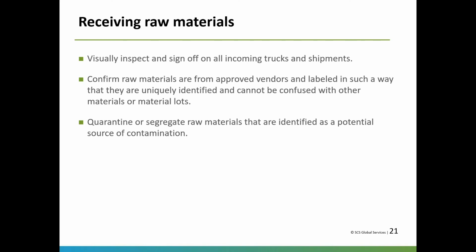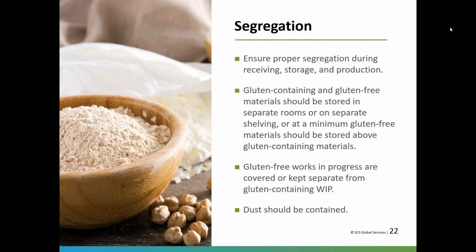a requirement. For segregation, you're going to have to ensure proper segregation during receiving, storage, and production. So basically, through the entire production process. Gluten-containing and gluten-free materials should be stored in separate rooms or on separate shelving.